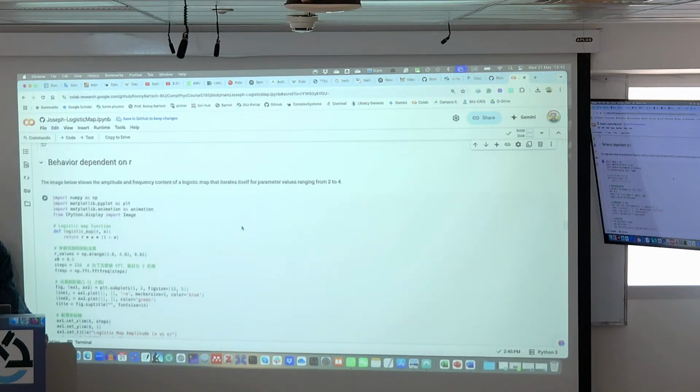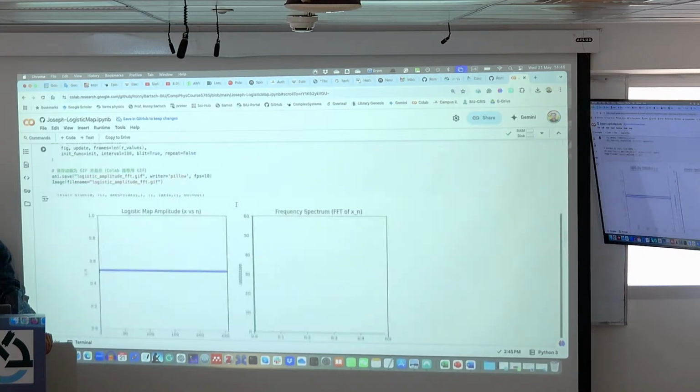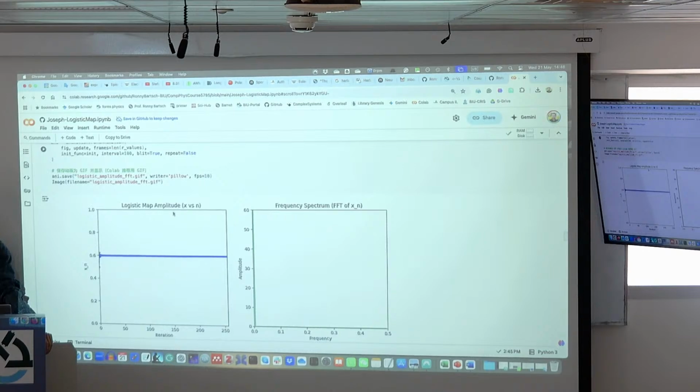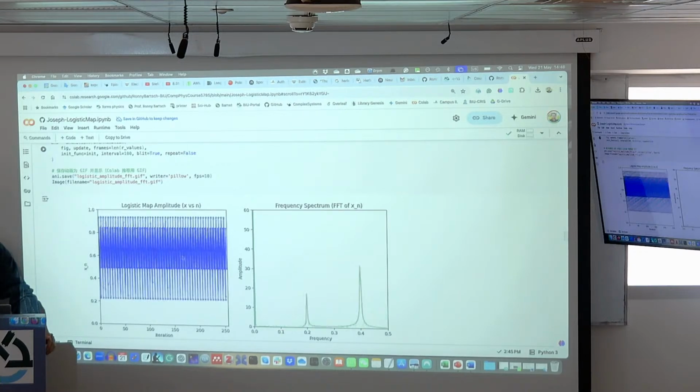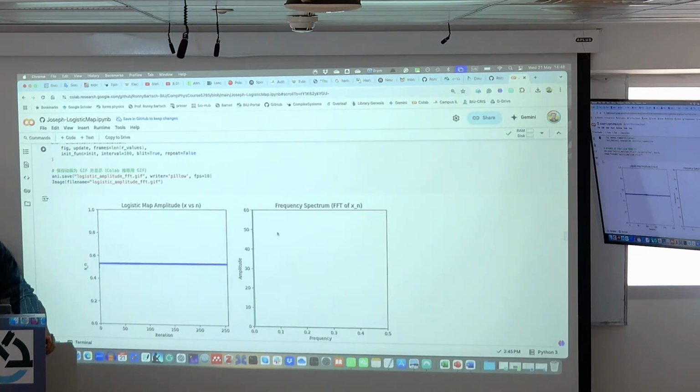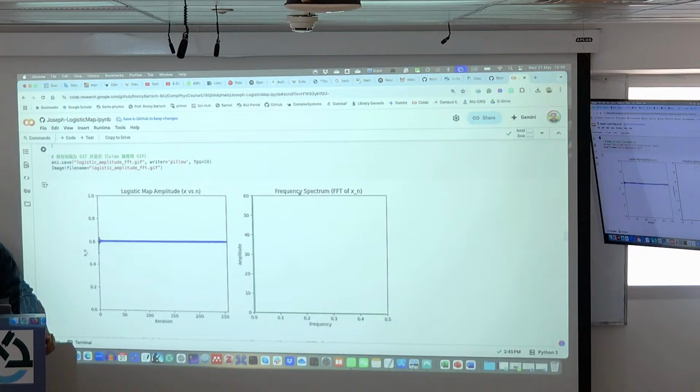Okay, let's see the dependence on R. The image below shows the amplitude and the frequency content of a logistic map that iterates itself over parameter values ranging from 2 to 4. You see how the amplitude depends on R in the picture, and how it influences the frequency spectrum.